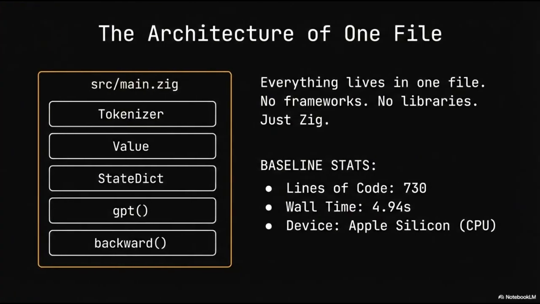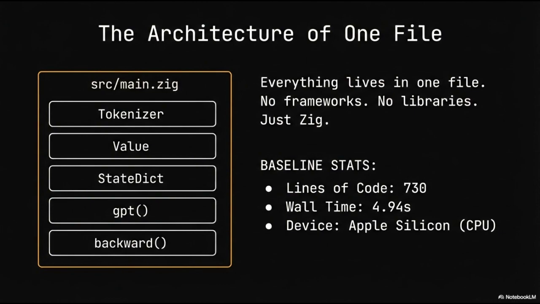The architecture of this project is defined by its radical simplicity. Everything lives within a single file, src/main.zig. By deliberately avoiding external frameworks and libraries, the implementation relies exclusively on the Zig programming language. This single source file encapsulates the entire pipeline, including the tokenizer, the value structure, the state dict, the core GPT function, and the backward pass for gradient computation.